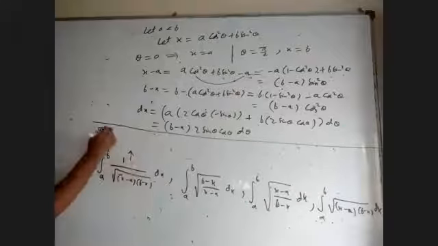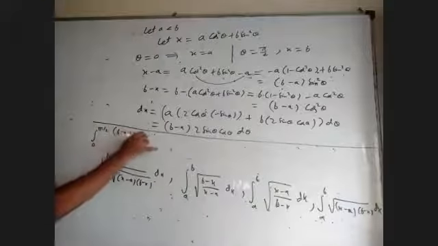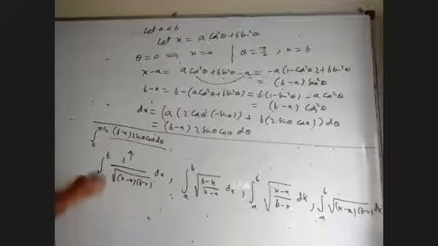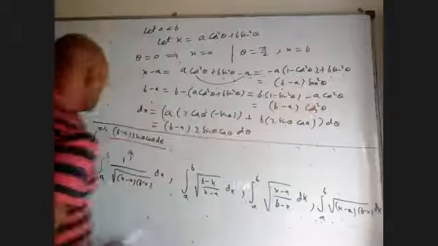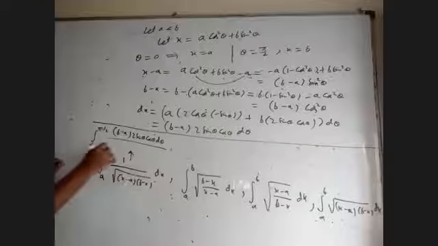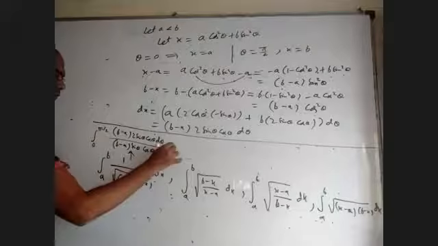This dx will be b minus a, 2 sine theta cos theta d theta. What will happen to the denominator? Root x minus a is root b minus a sine theta. And this is root b minus a cos theta. So I'm going to get directly b minus a into sine theta into cos theta d theta.